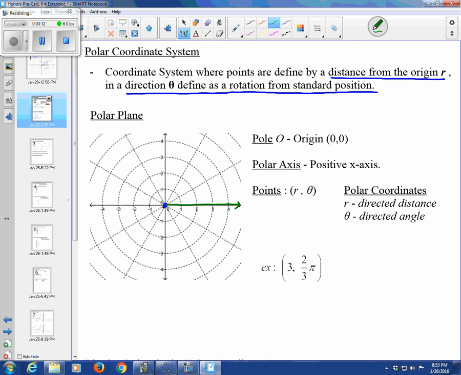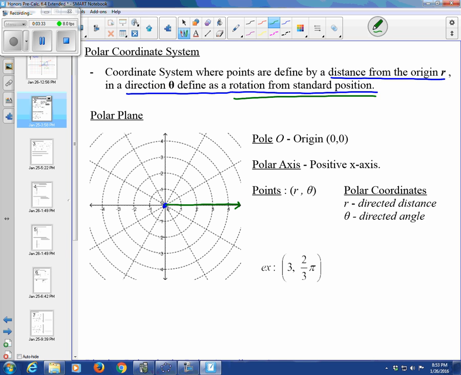It corresponds to the positive x-axis because it's a rotation from standard position. When we're talking about points on the polar plane, we have a distance r in a direction theta. We call r the directed distance, and we call theta the directed angle.